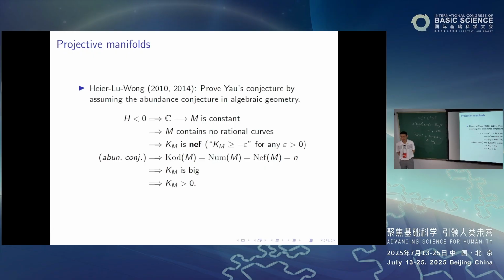Okay, more questions? Yes, that's a good question. I'm still working on the smooth case. Professor Yau, I think, is interested in the singular case. Say you have a manifold with some singularity, but you have negative curvature away from the singularities. What can you say about positivity of the canonical class?